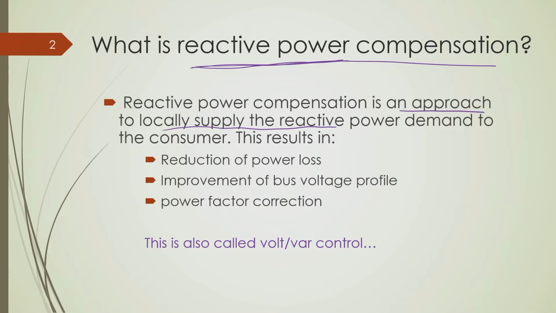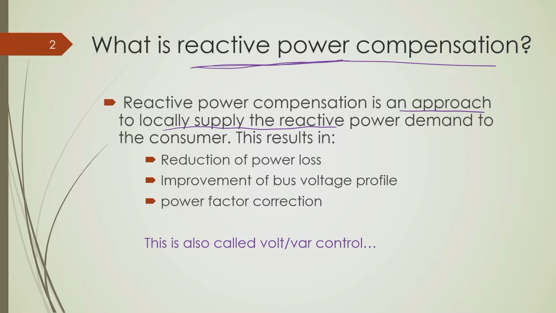Now, why are we intending to provide this reactive power demand? In my last module, where I discussed the forward backward sweep load flow approach for solving the power flow problem of radial distribution networks, you have seen that we model the load demand in terms of the active power demand as well as the reactive power demand.